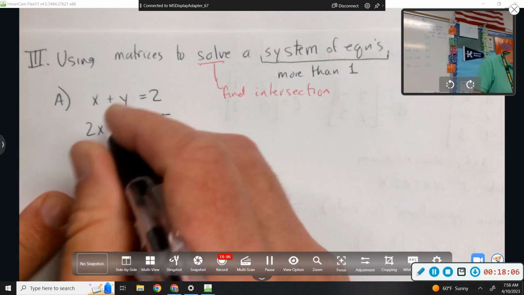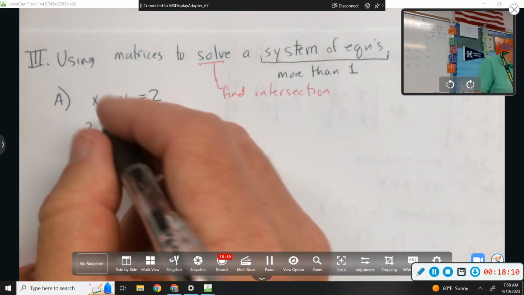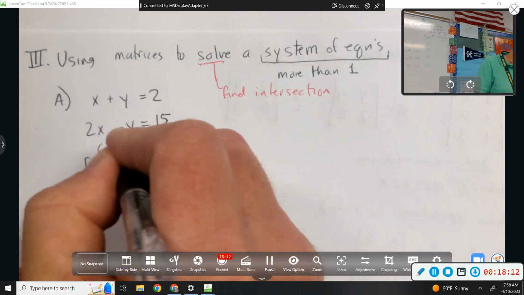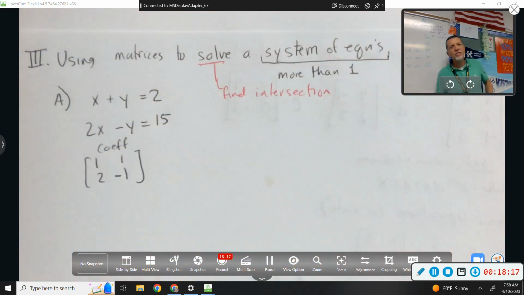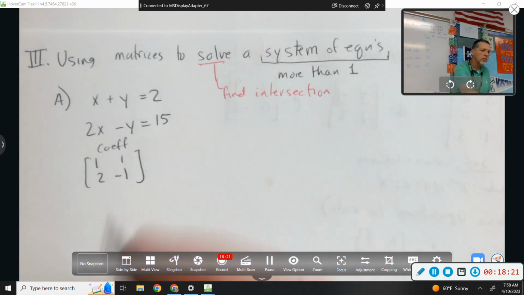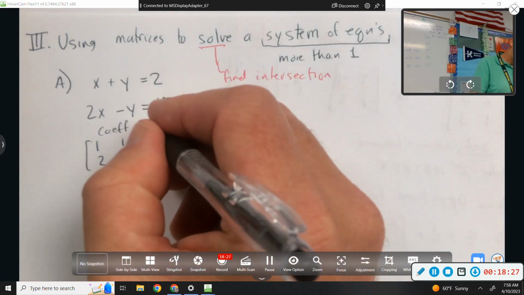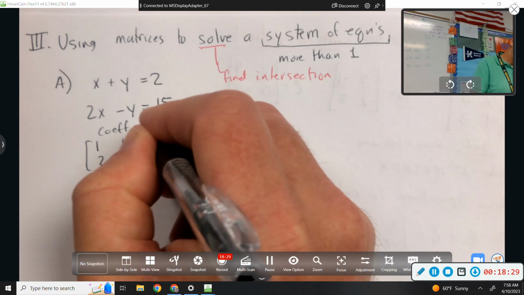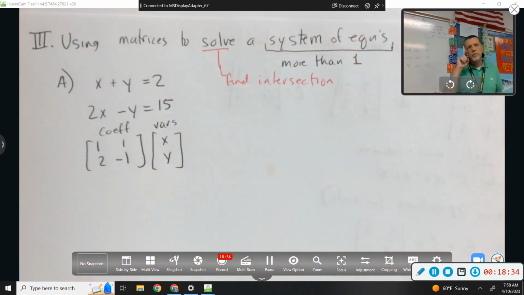So I'm going to rewrite this system as one matrix equation. The first thing I'll do is just grab the coefficients, not the x's and y's, just their coefficients, and put them in the same sort of order. So 1, 1, 2, negative 1. Then we're going to list the variables in a column format, x and y.